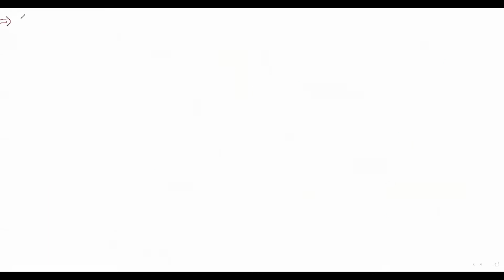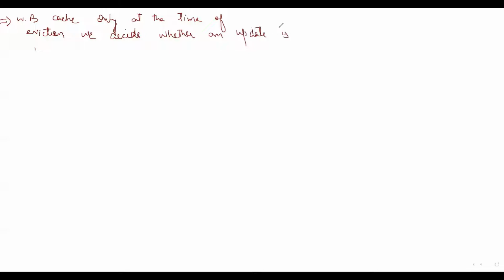So in write back cache, only at the time of eviction, we decide whether an update is to be sent to the lower level or not.